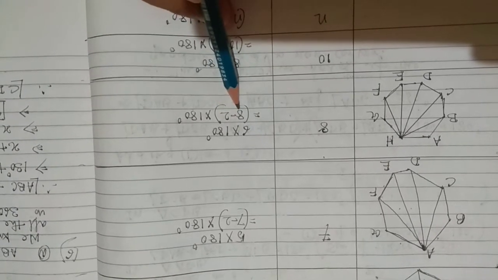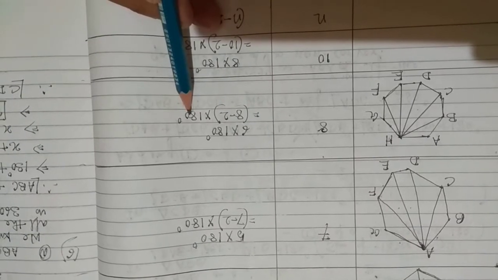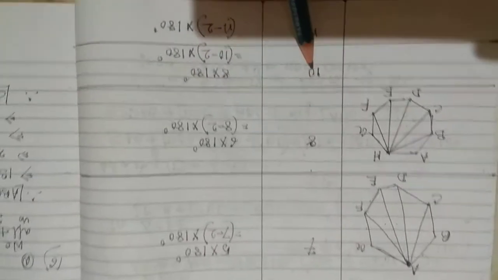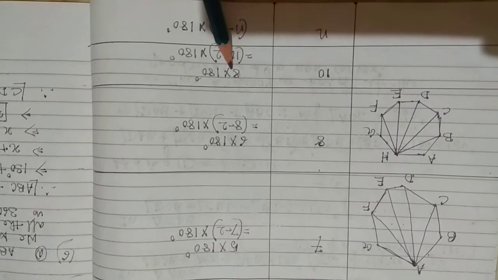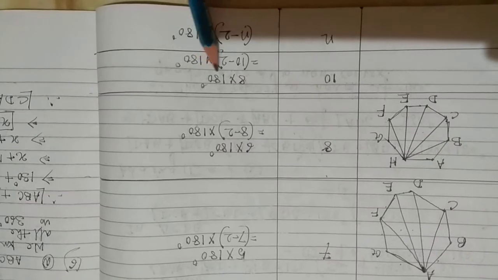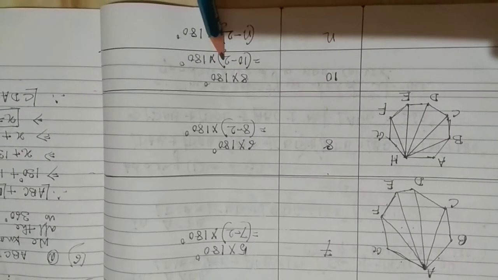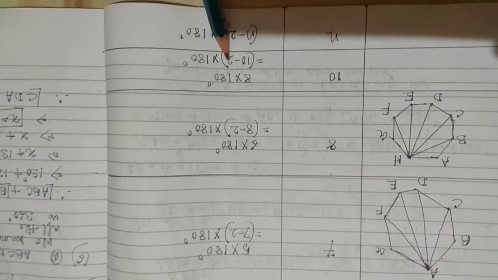When the number of sides is 10, the number of triangles is 8, so 8 into 180 degrees is the sum of all interior angles. 8 can be written as 10 minus 2, that is (number of sides minus 2) into 180 degrees.